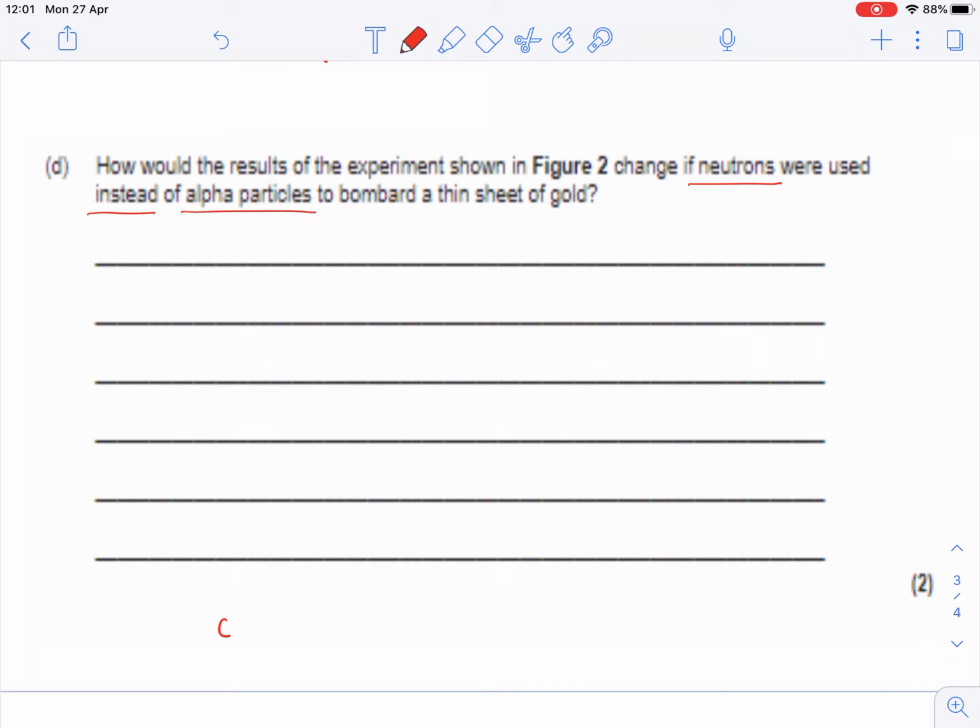Just to remind you, an alpha particle is 2 protons and 2 neutrons. So an alpha particle has an overall charge of 2+. A neutron has a neutral charge and therefore has a charge of 0.